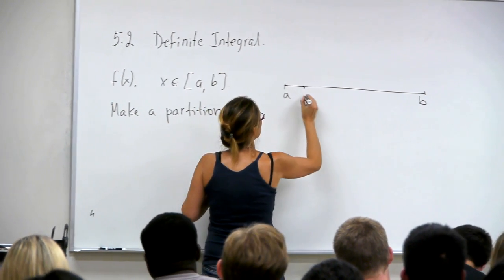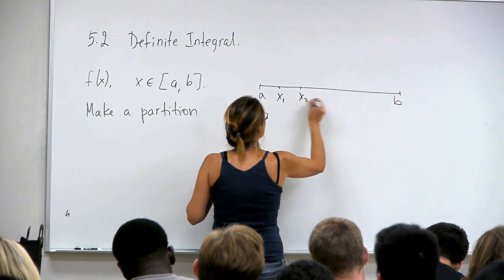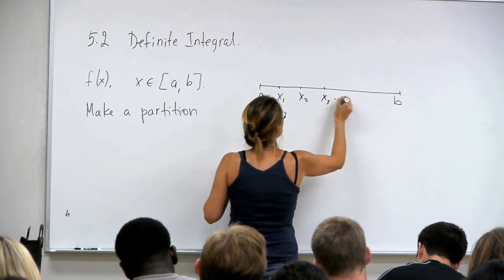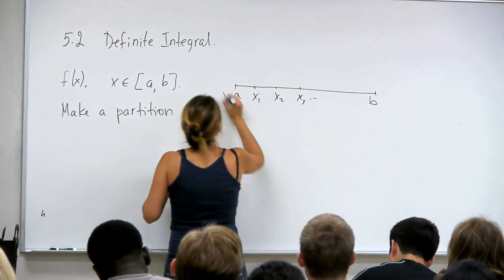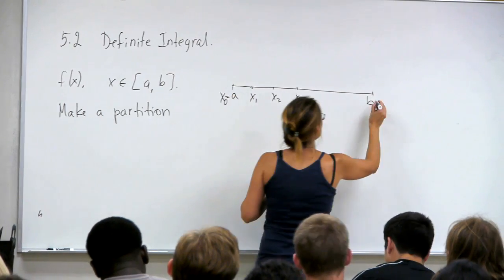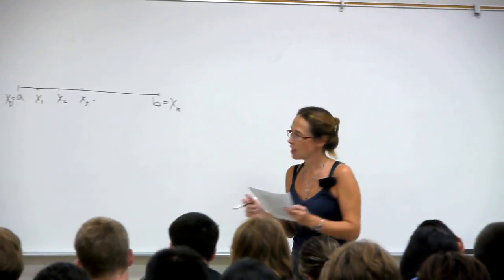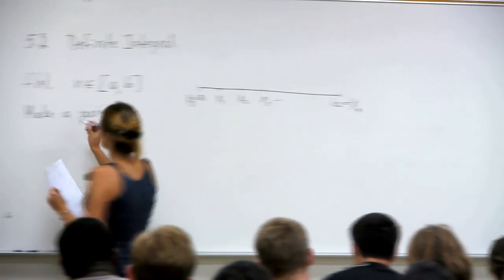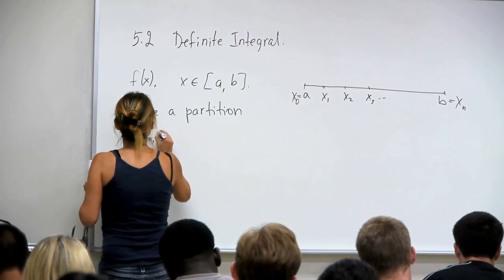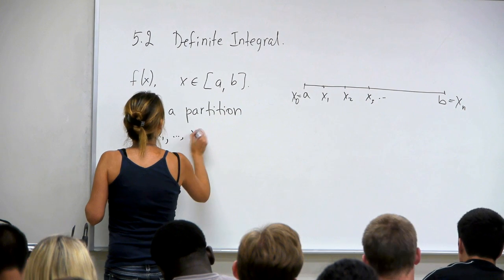That is, we assign points x1, x2, x3, and so on, where x0 coincides with a and xn coincides with b. So make a partition x0, x1, xn.